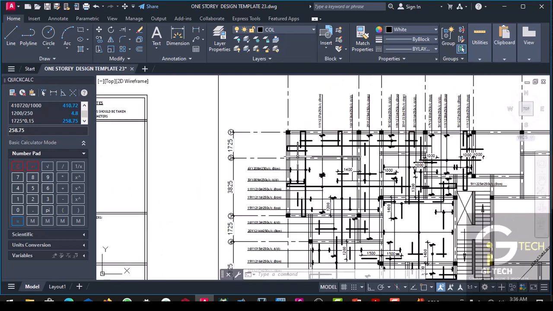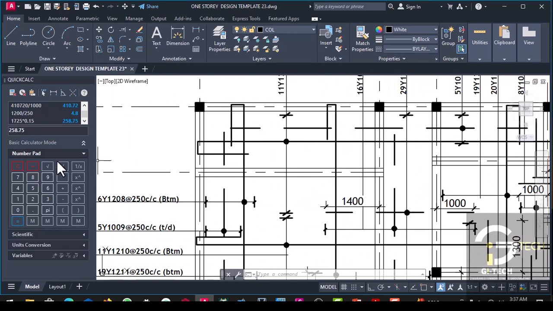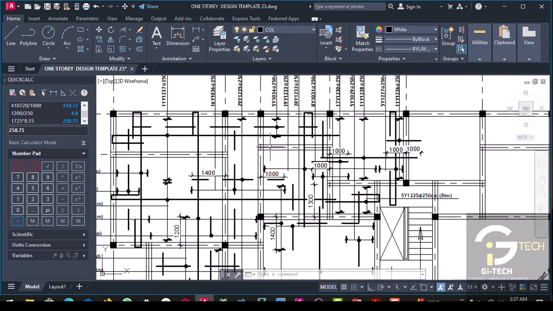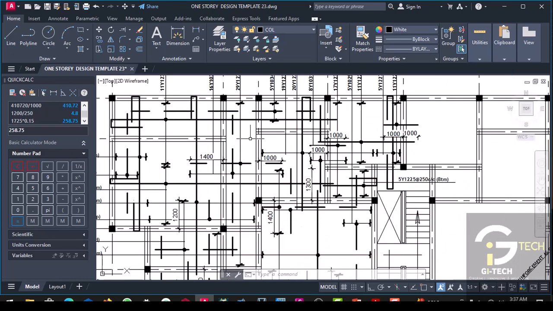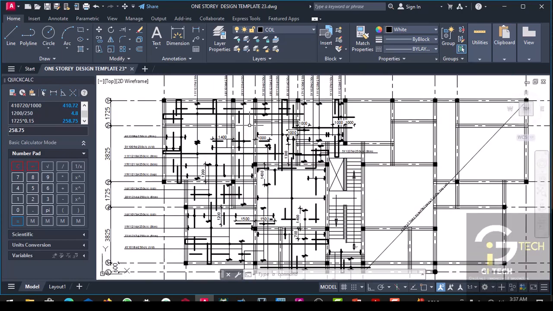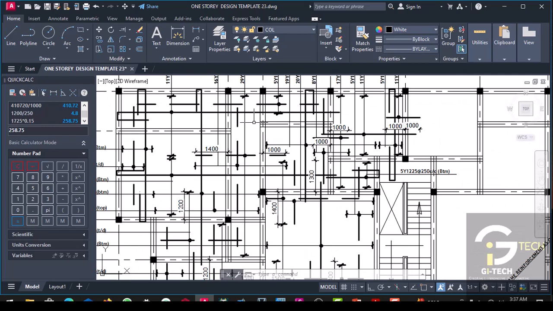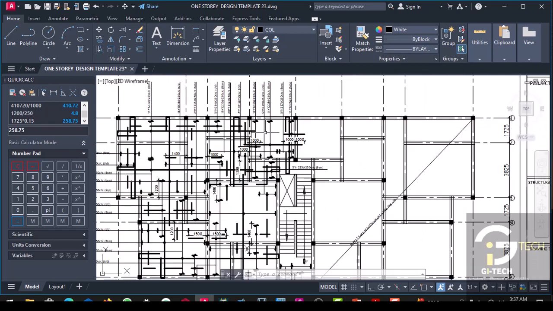So by the time you adopt 250, or let's say 300, you notice that there are some of these spans that are greater than this one. Understand?